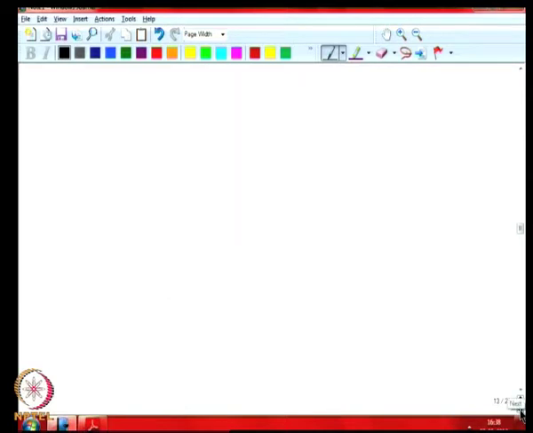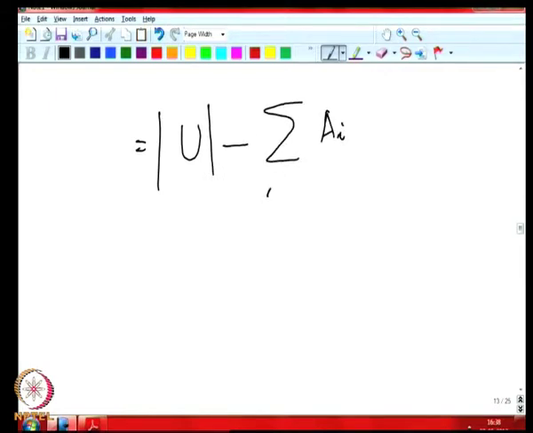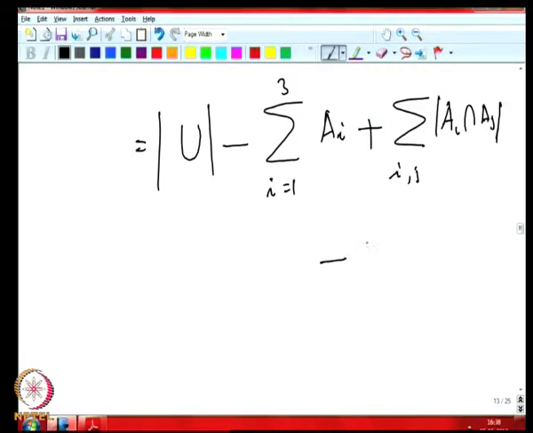So, we know the formula for this thing. It is the cardinality of U minus sigma Ai, where i is only 1, 2, 3, plus all pairs i, j, you have to consider Ai intersection Aj, and finally minus the cardinality of the one set A1 intersection A2 intersection A3.